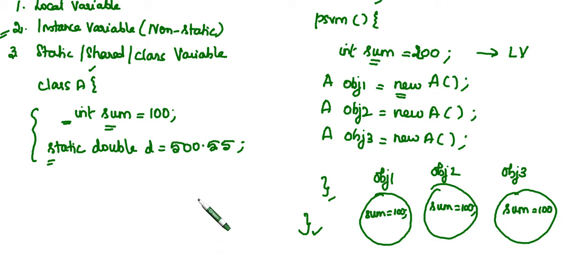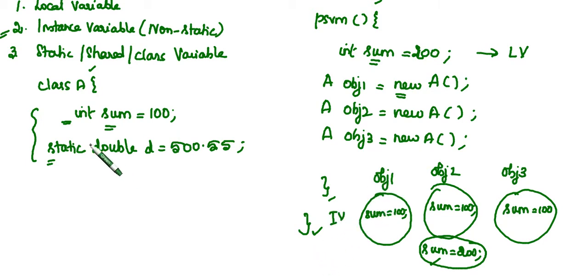Say for example this object changes this sum value to 200. But in object 1 it will be sum equal to 100, only in object 2 sum will be 200, in object 3 sum will be 100. So only in this object this sum value will get modified, but in object 1 and object 3 it will not get modified. This is the case of the instance variables.